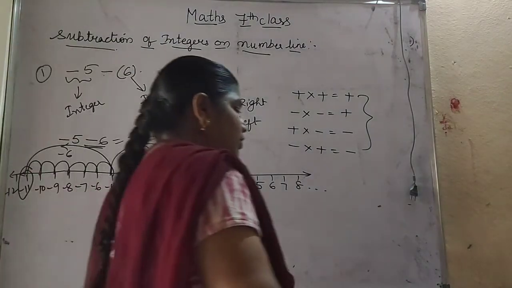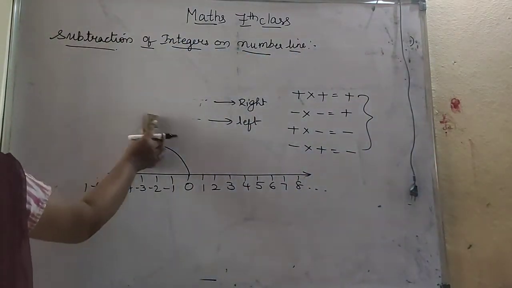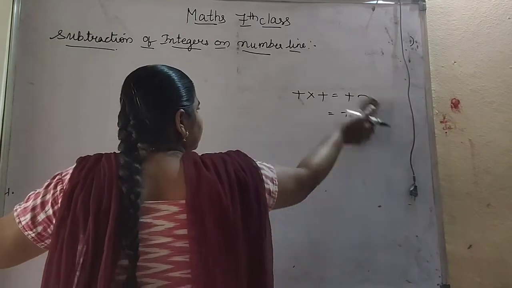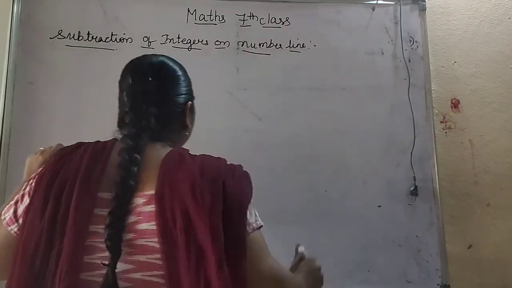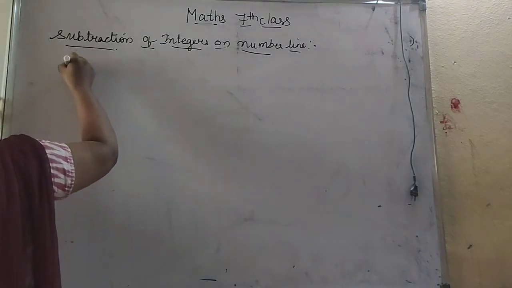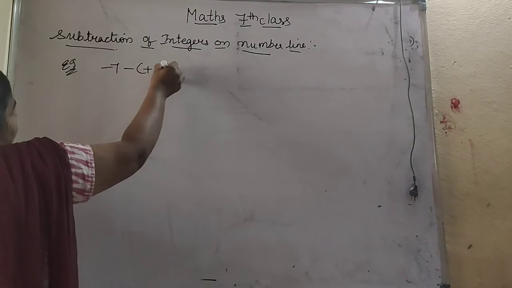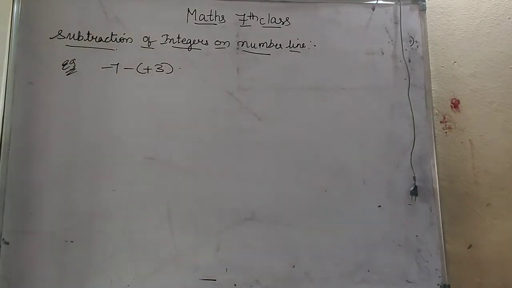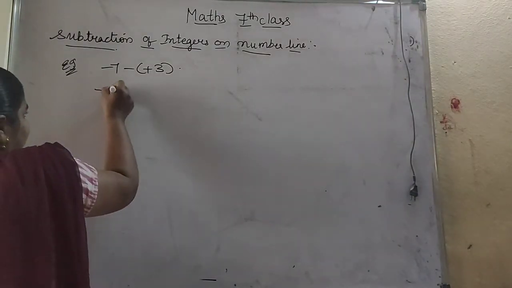So one more example we will take. Say example number 2: minus 7 minus of plus 3. In the same way, the first number we have to write as it is.